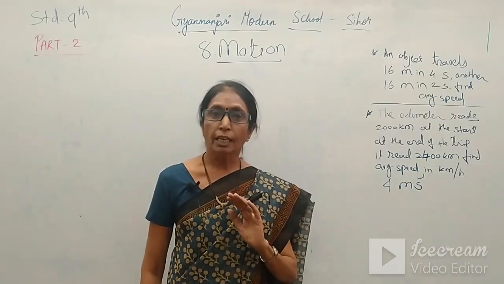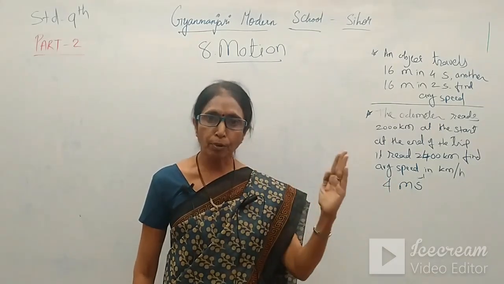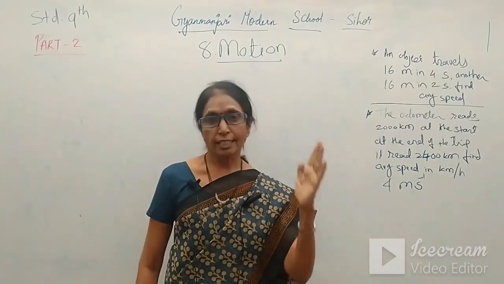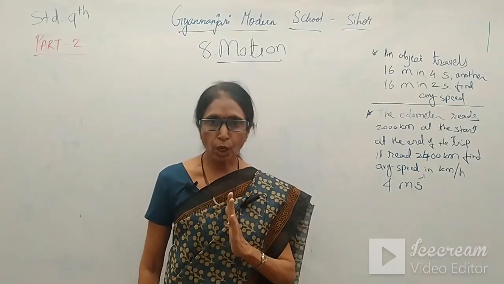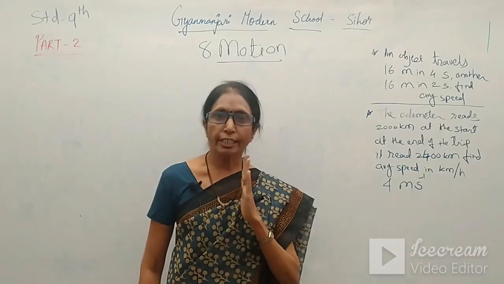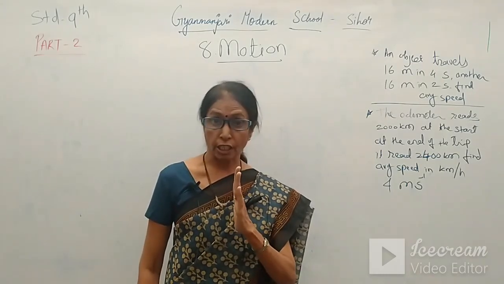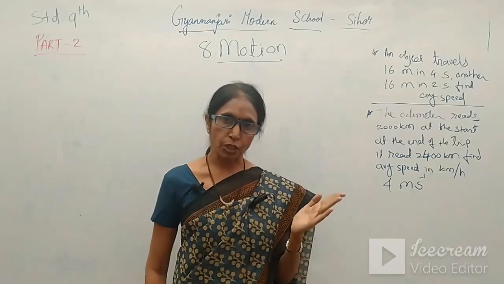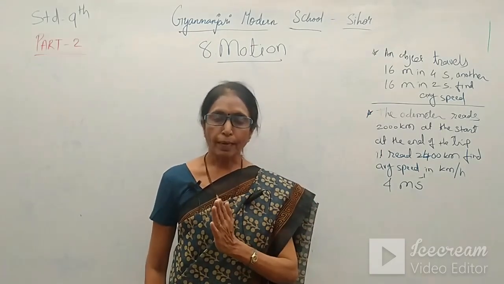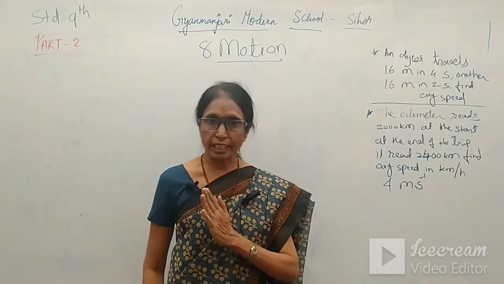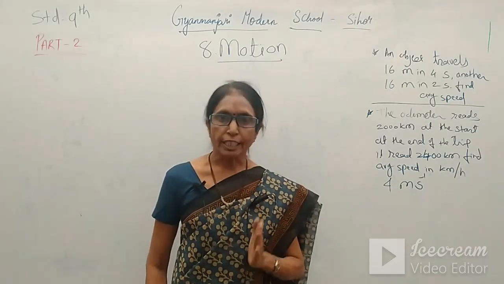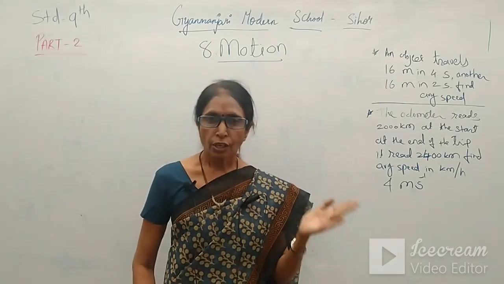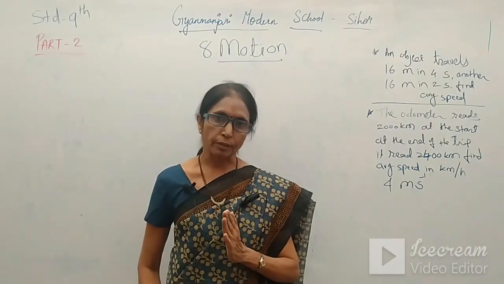Displacement is the distance from the mean position of the object. Distance is a scalar quantity because it does not require direction. It requires only magnitude for the complete description. And displacement is a vector quantity because it requires magnitude as well as direction for the complete description.